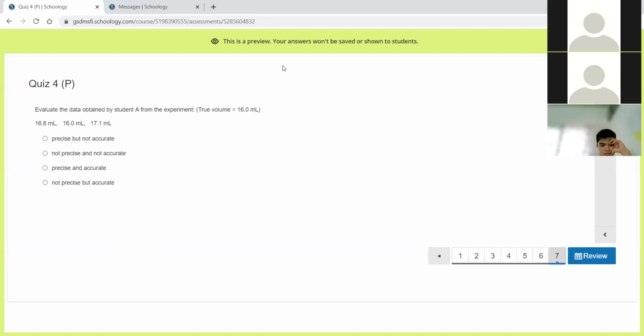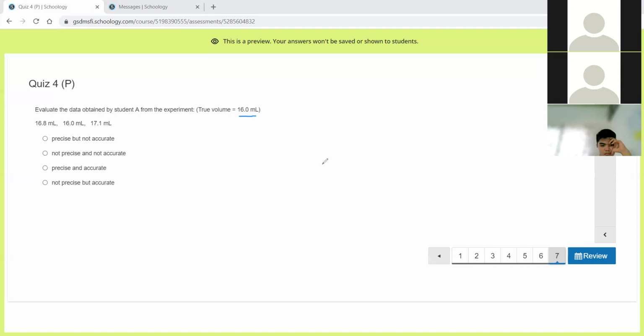So that for this one, the true volume or the true value is 16.0 ml. Pag abot sa chemistry, we are very strict, especially sa volume and even sa mass. So dapat pag moingon kag accurate ang imuhang nakuha nga data, dapat close gyud siya, very close sa 16.0 ml.